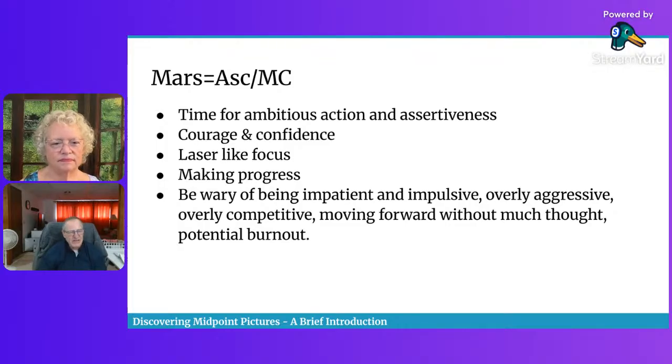People are not receiving you the way you thought they were going to. And you're like, why did I spend all this energy? You start to feel anxious, and then that all starts to go inside of you, and then you start to feel burned out. It's a sign that you're doing too much, that you're doing it too fast. You're taking your Mars and you're trying to do it too fast.